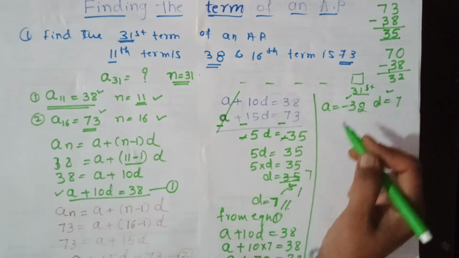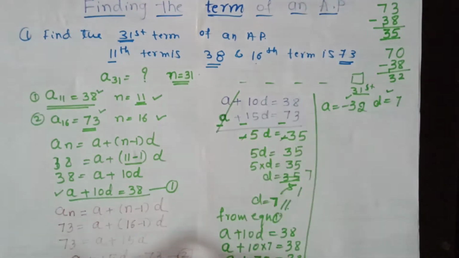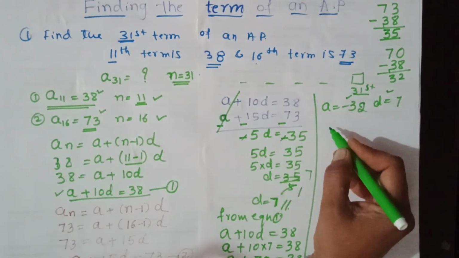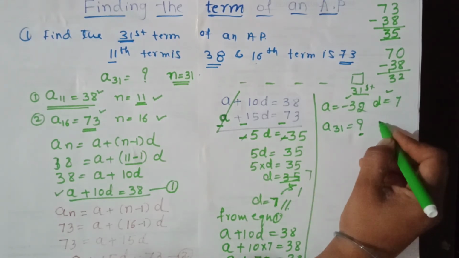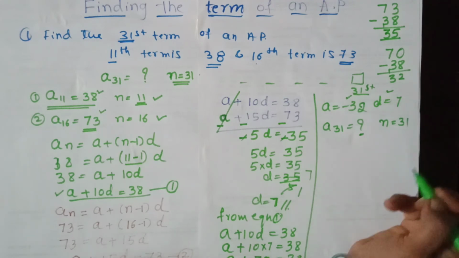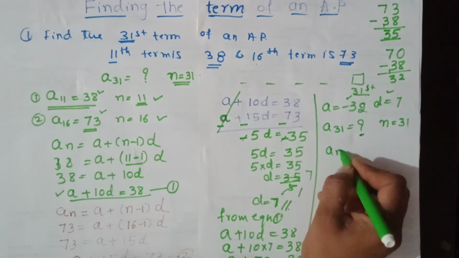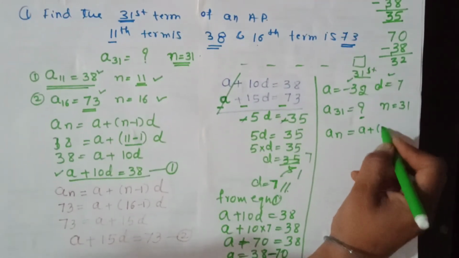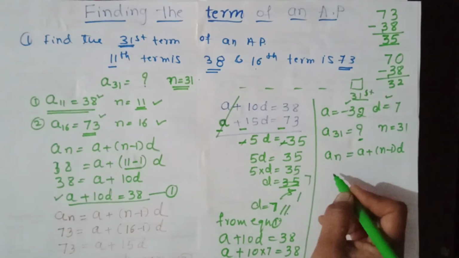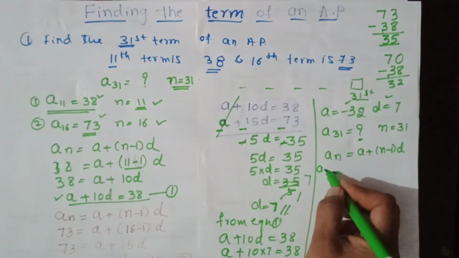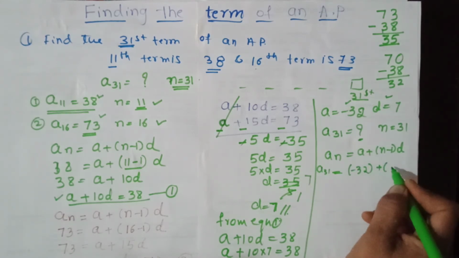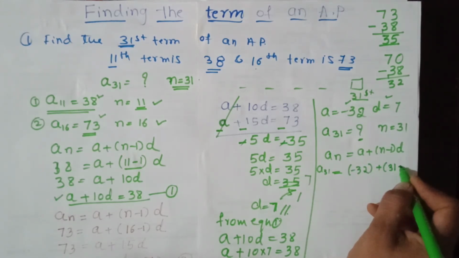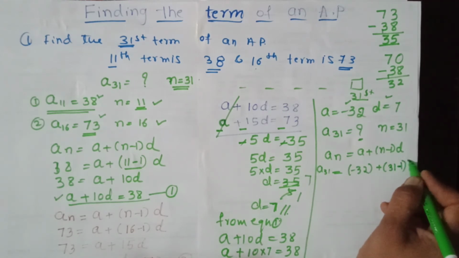Once you know these two, you can find the value of a 31. You want a 31, so in this n means 31. The formula is the same, once again I am writing: an is equal to a plus n minus 1 into d. a 31 I don't know, a I know, that is minus 32, plus n is 31, minus 1, into d is 7.